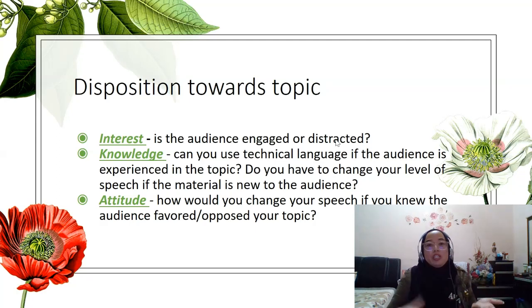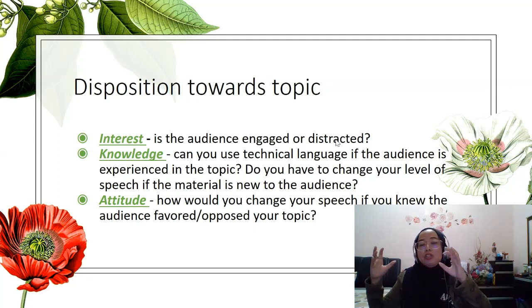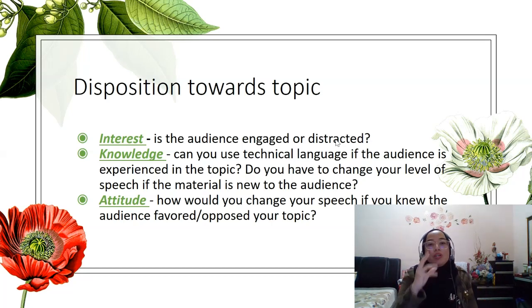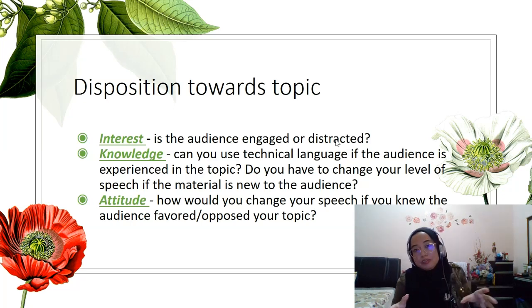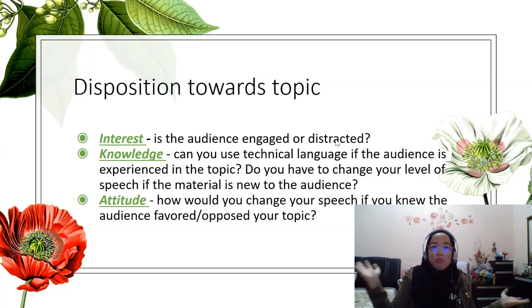Think about their knowledge. Are they fully aware, and are they knowledgeable about this topic? Should you use some jargon or technical language when you're explaining the topic? Should you change your language to make it a bit simpler, or change the material because they don't know the topic? And also try to look at the attitude.